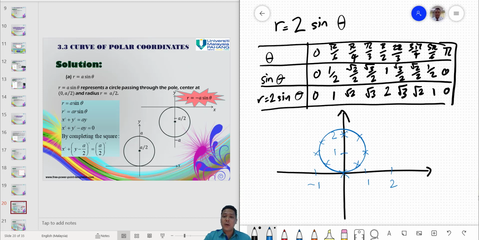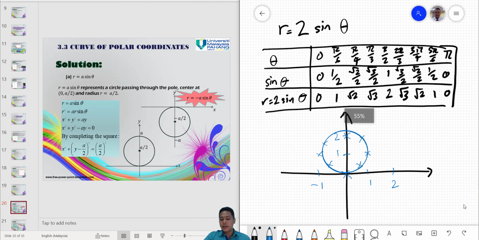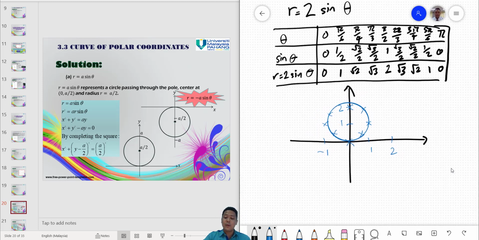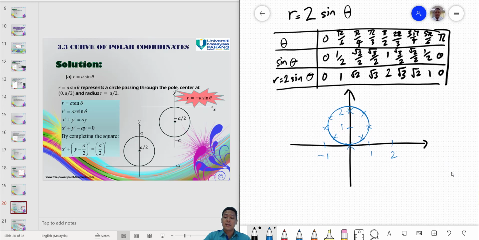with a radius of 1, a diameter of 2, with the center at (0, 1). We can get an idea here that if r is alpha sine theta, it will form a circle, but the center is not the origin.